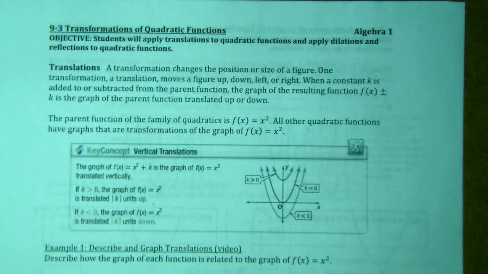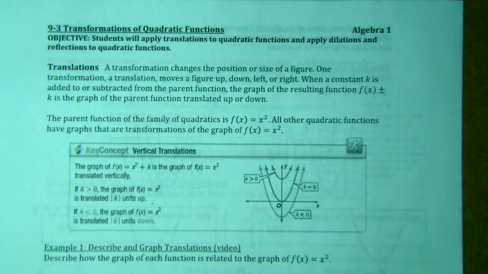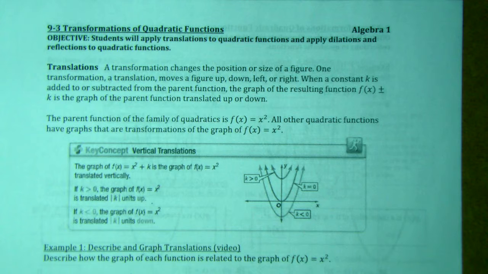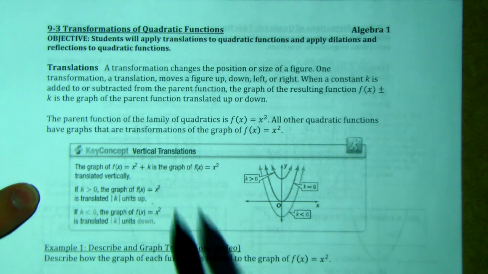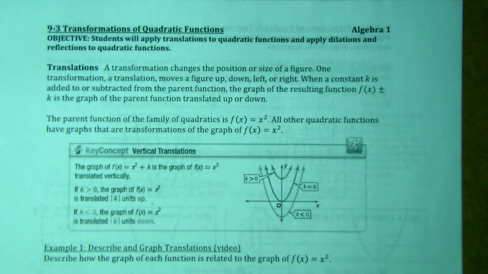So moving on. The first thing we're going to talk about is what happens. Okay, so the other thing, the parent function is always x squared. So y equals x squared always looks like this, and they have it drawn right here.